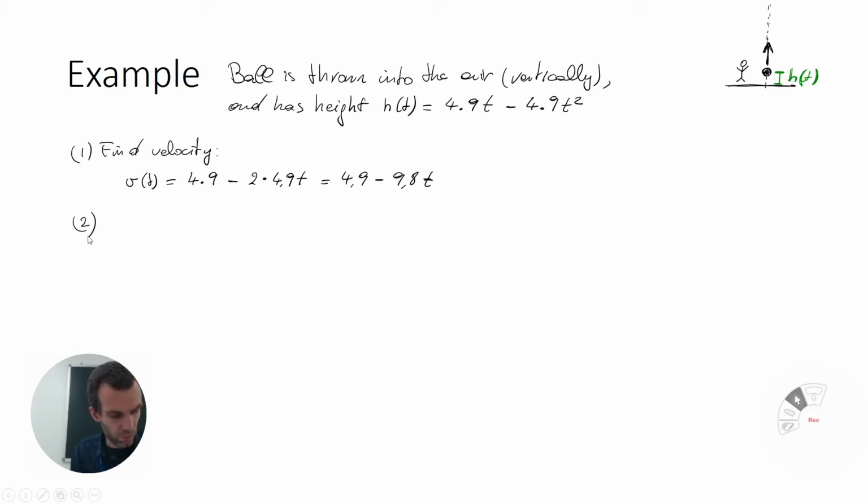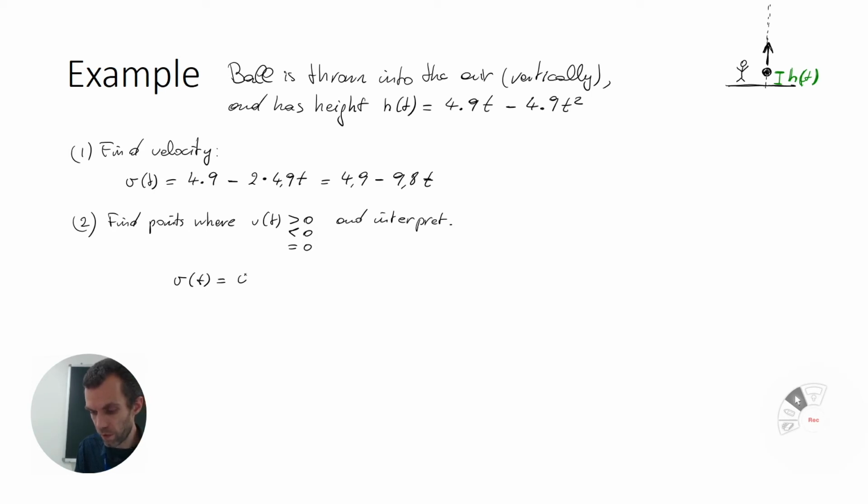And then secondly, very straightforward, find the points where v of t is bigger than 0, less than 0, and equal to 0, and interpret them. So we see from the above expression that v of t is equal to 0 if t is equal to 1/2.